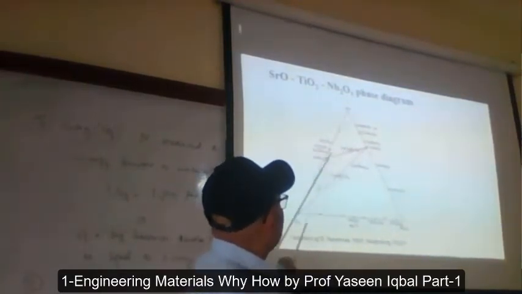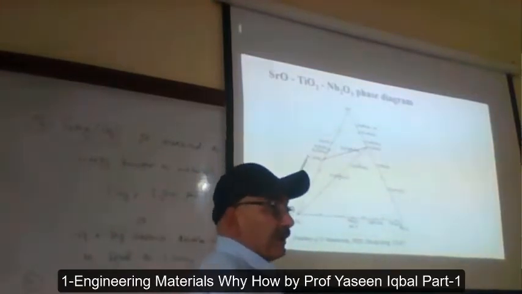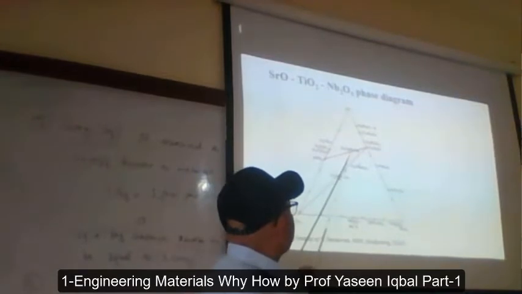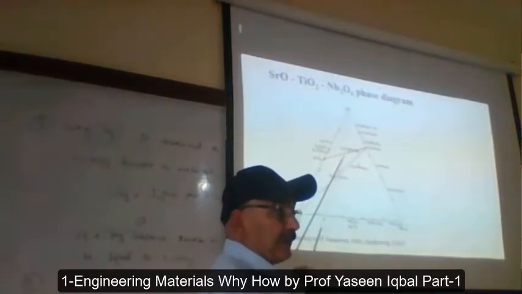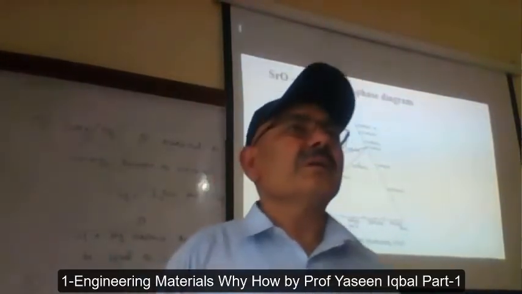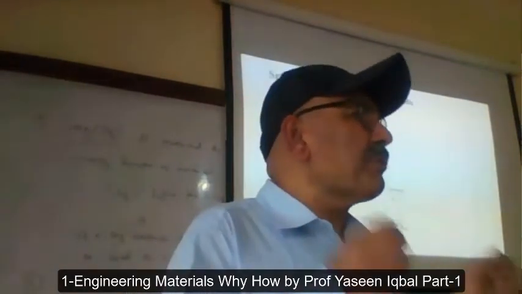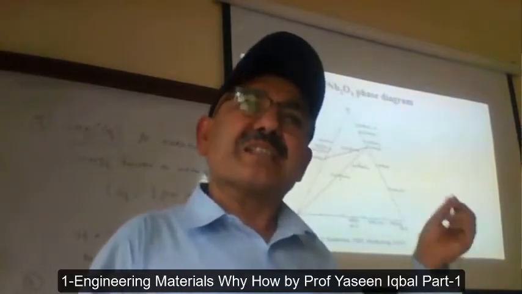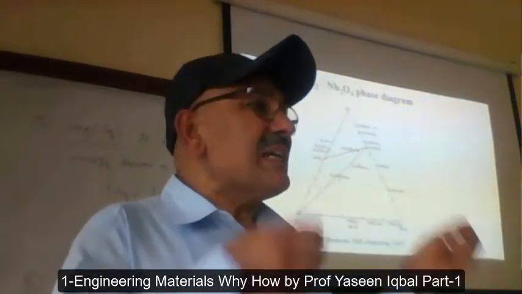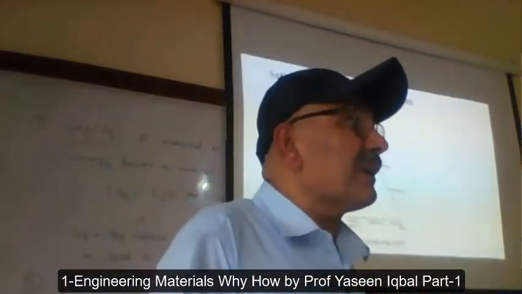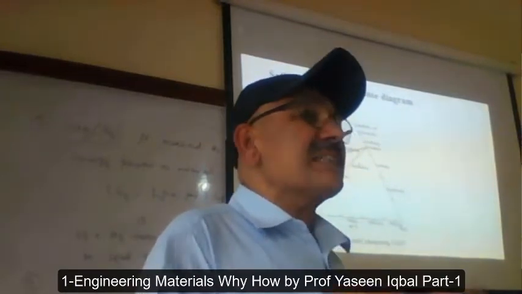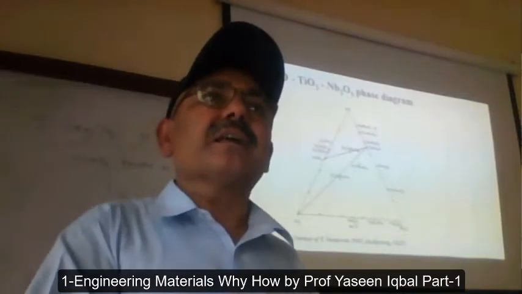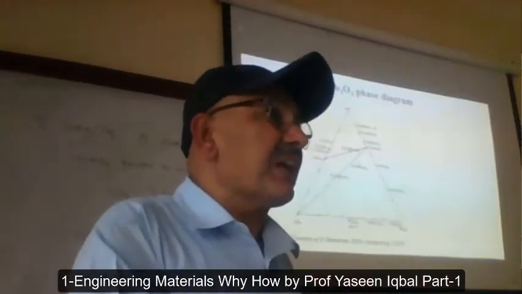And this is the tie line. From one line to the other, this phase will form. Now, the chemical composition calculation shows you that this phase will form. Is it really forming or not? Is it really totally crystallizing into the same material or not?